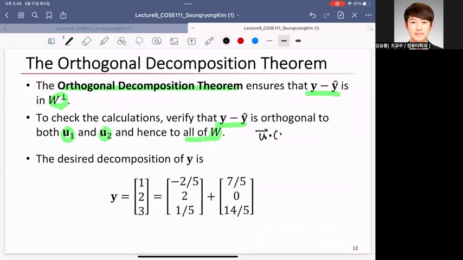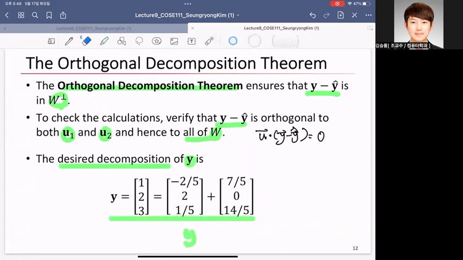By computing this, it is equal to 0. So the desired decomposition of y is y equals y hat plus z.